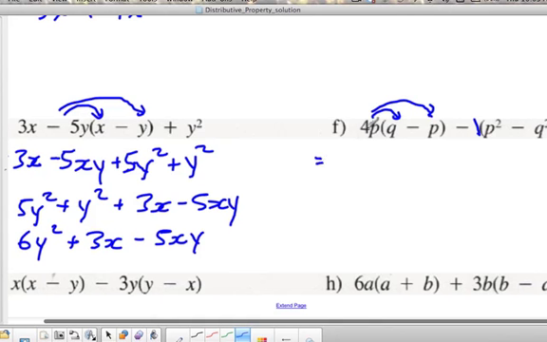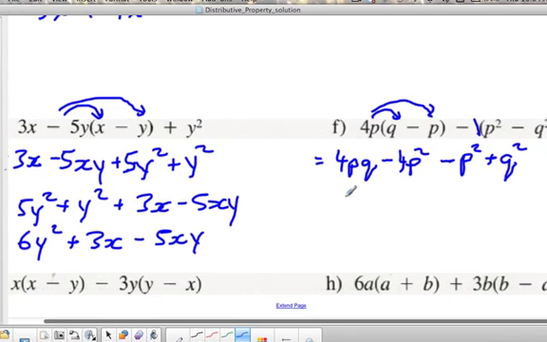So this is equal to 4p times q is 4pq. 4p times negative p is subtract 4p squared. Then we multiply everything in the bracket by negative 1, so this is going to be minus p squared. And negative times a negative is going to be a positive, and it's going to be q squared.